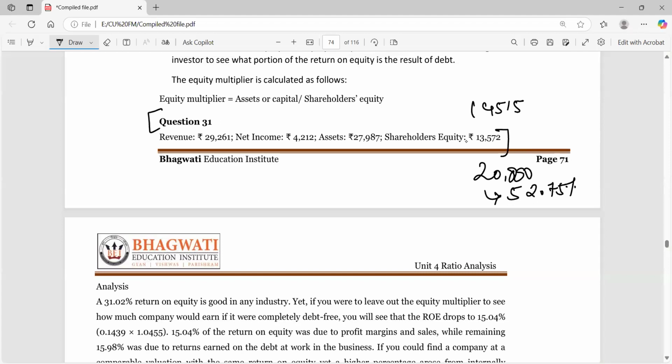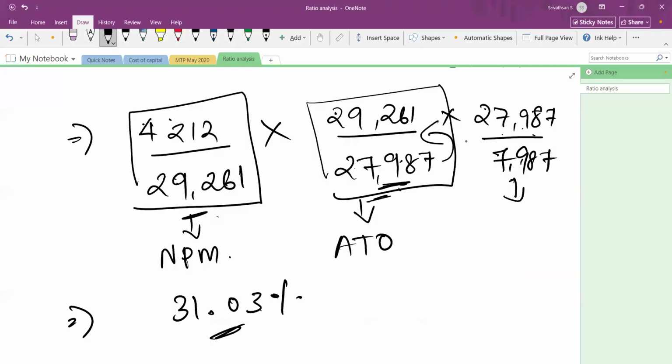So they are magnifying their return on equity by employing more and more debt into the capital structure. For employing more and more debt, the company does not even need to take any sincere effort. If you can magnify your return on equity by just employing more and more debt, then anyone can do it. You're all understanding?